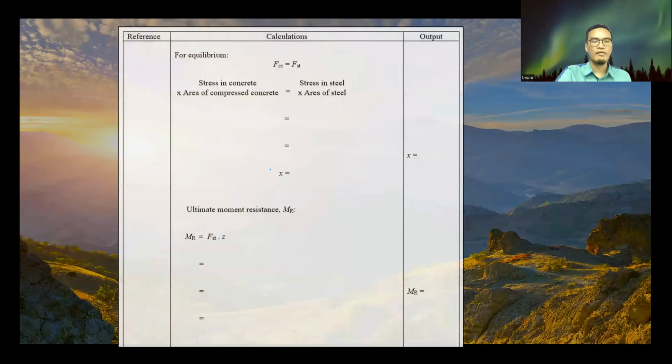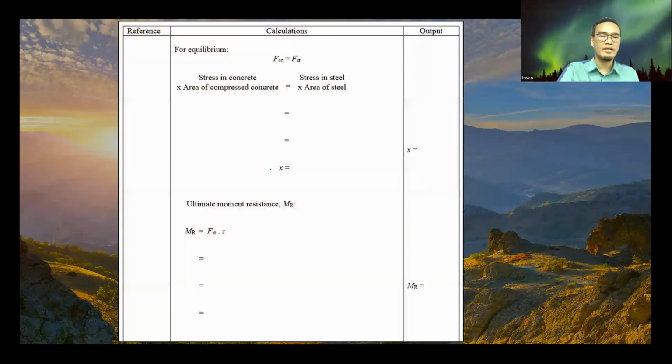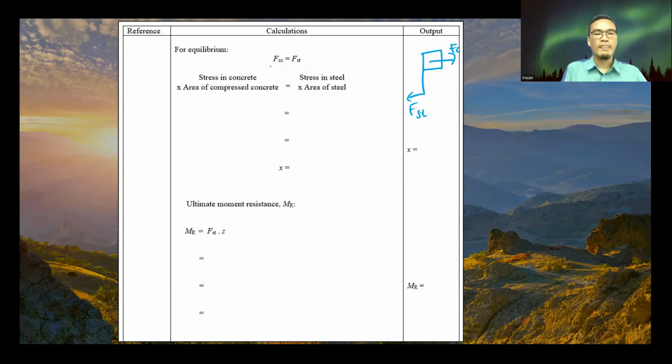For equilibrium, the FCC here must equal FST. As we discussed before, the force is equal to stress multiplied by the area.